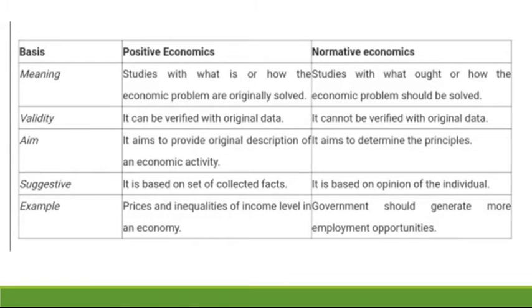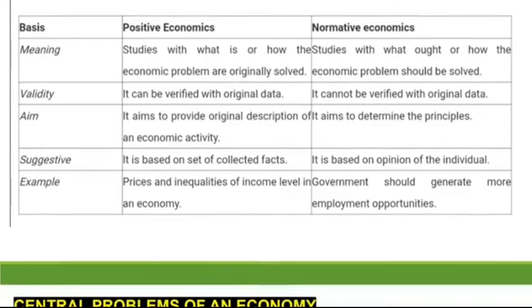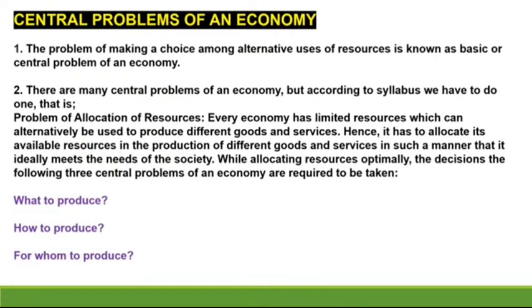Last, example. Examples of positive economics are prices and inequalities of income level in an economy. A normative economics example is that the government should generate more employment opportunities. So guys, this was all about the differentiation between positive economics and normative economics. Now the next topic is the central problem of an economy.